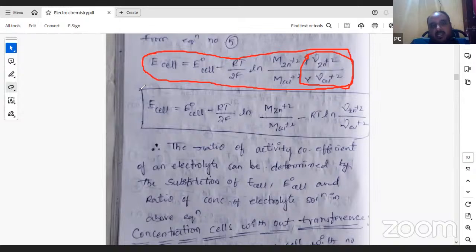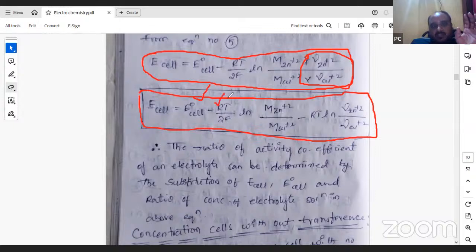Therefore E cell is equal to E naught cell minus RT by 2F ln M of Zn plus 2 by M of copper plus 2, which represents the concentration ratio, minus RT by 2F ln gamma of Zn plus 2 by gamma of copper plus 2. So once we construct the cell, E naught, the standard reference one, will be known.